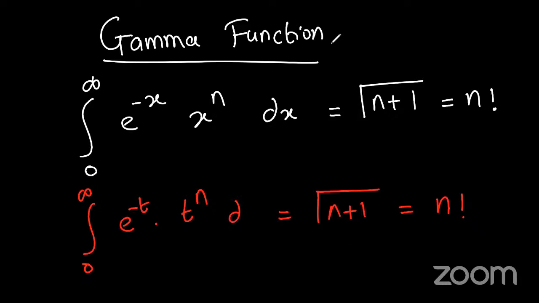So once again, what is a gamma function? The formula is the integration of 0 to infinity e raised to minus x into x raised to n dx is equal to gamma of n plus 1, which is same as n factorial. If you replace x by t, so क्या होगा? 0 to infinity integration e raised to minus t, t raised to n dt is equal to gamma of n plus 1, n factorial.